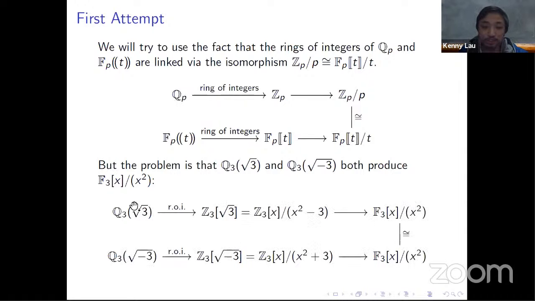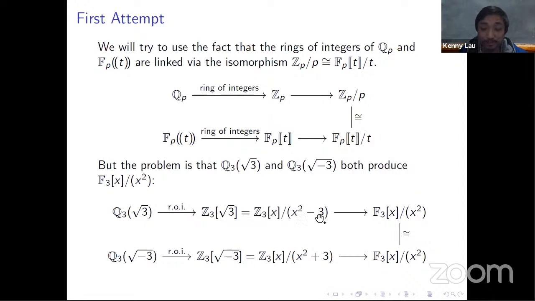The first one is that you adjoin the square root of 3, and you take the ring of integers, and this will be Z_3 adjoin square root of 3. And you can prove this because the minimal polynomial x squared minus 3 is an Eisenstein polynomial.